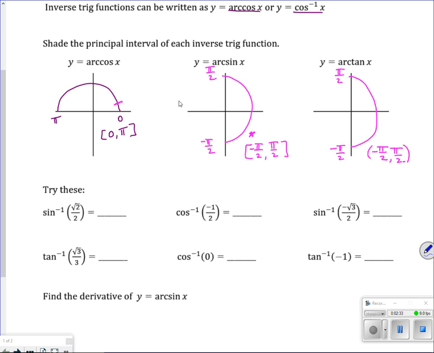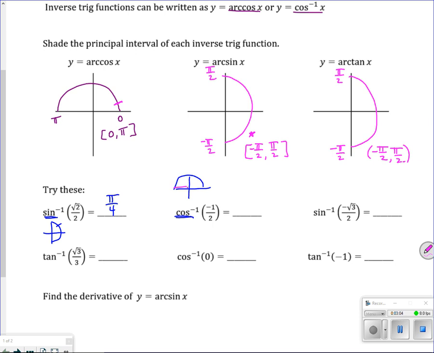So let's just remember this. It says, give me the arc in the specific interval, so I always draw the interval. Give me the arc in that interval that has a sine of square root 2 over 2. Again, unit circle, got to have that memorized. That would be pi over 4. Next, arc cosine: I'm going to draw this half moon where the cosine is negative 1/2.